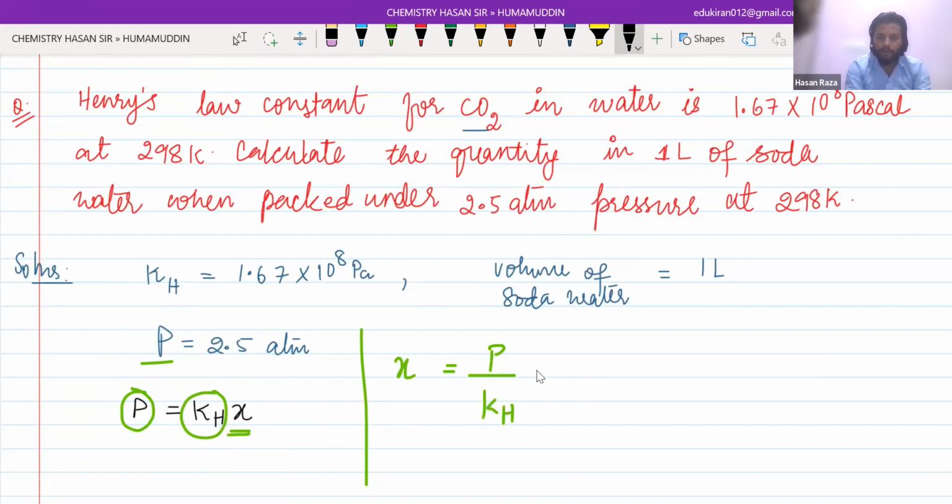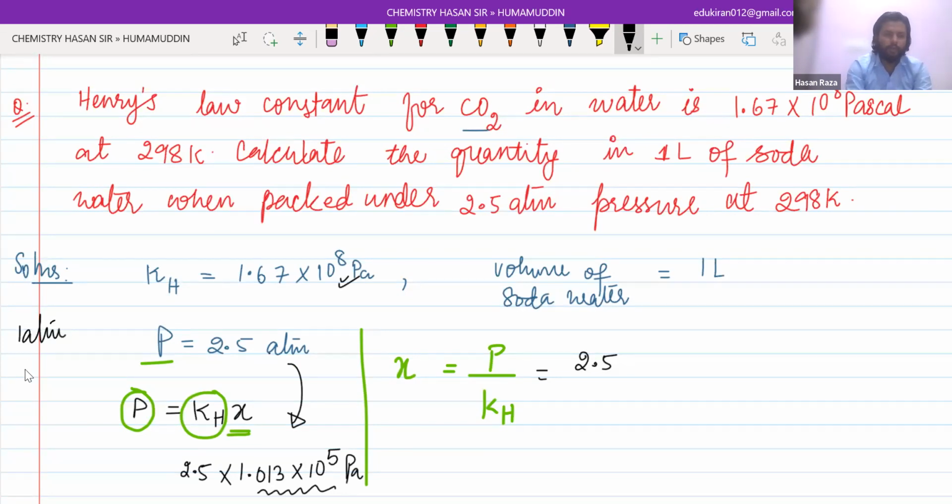Now I'm gonna just show you the pressure. Pressure is 2.5 atm, and to convert this into Pascal you are going to multiply it by 1.013 into 10 raised to the power 5. 1 atm is equal to 1.013 into 10 raised to the power 5 Pascal.